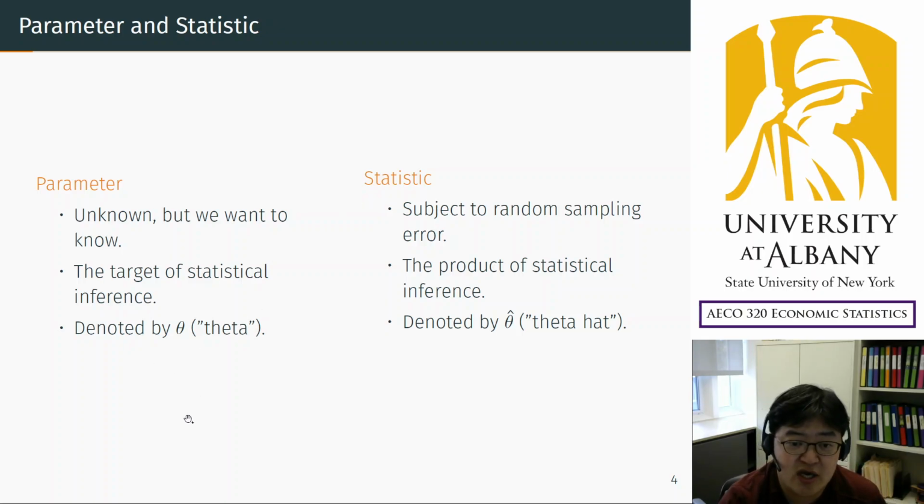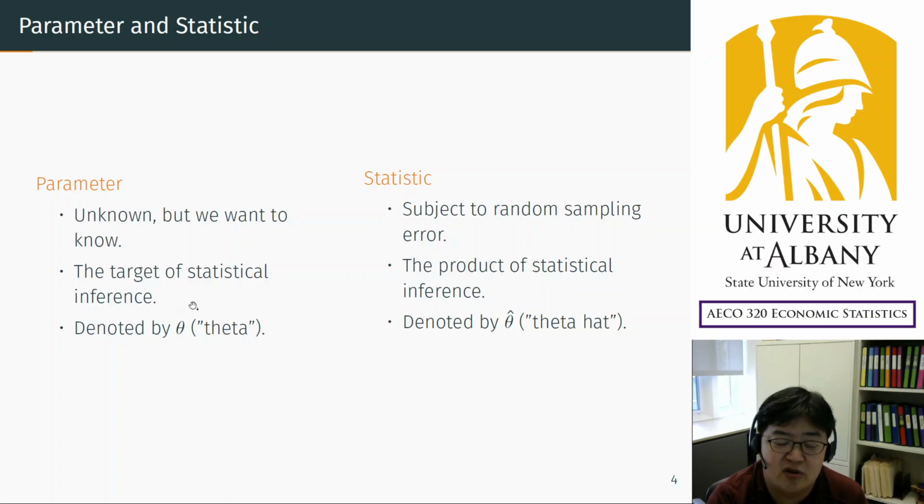And in our notation with Greek letters, usually any generic parameter is denoted by theta. Theta could be a mean, a probability, a variance, or a collection of them. So usually theta is used to denote a parameter. We'd like to know theta.